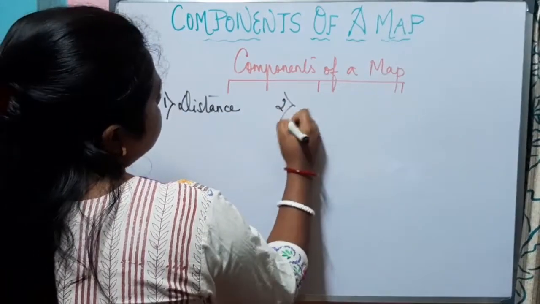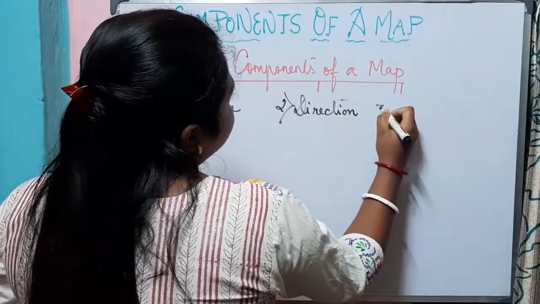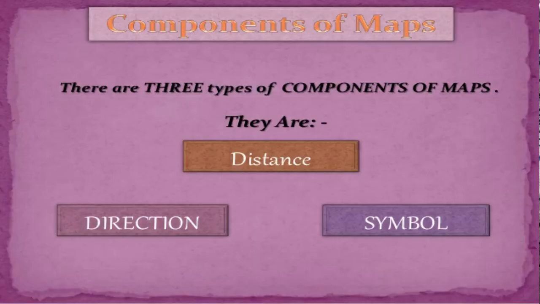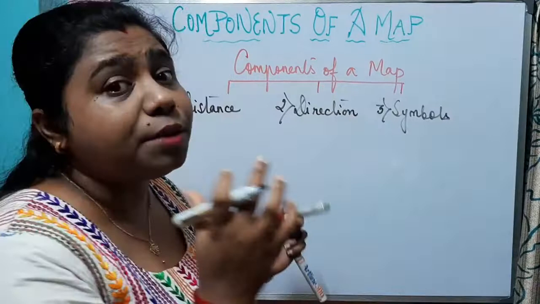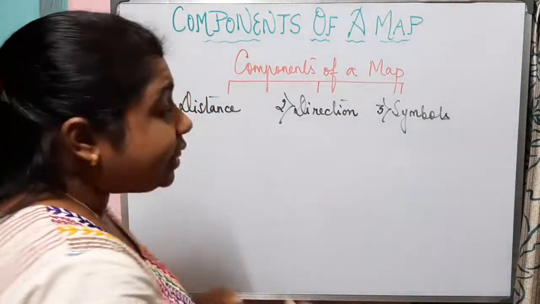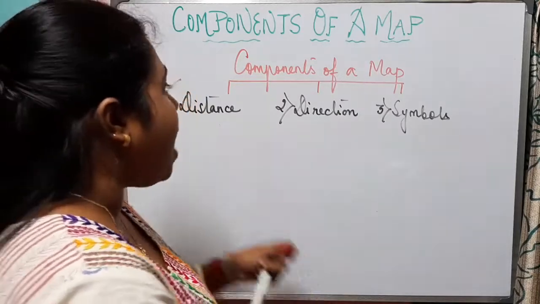Number two, direction. And number three, symbols. So these three are the major components of a map. In a map, we will notice distance, direction, and symbols, and this completes the map. Today in this video, we will discuss distance, which is a component of a map, in detail.